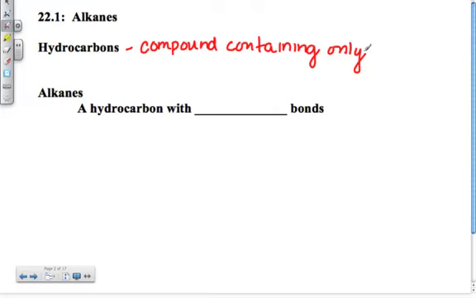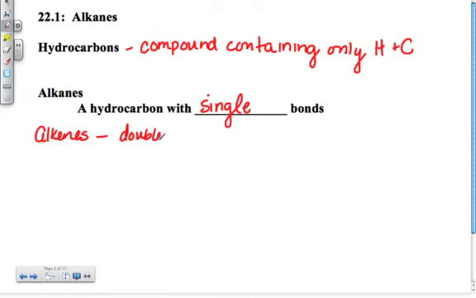Alkanes is one of them, and they have only single bonds. And then you also have alkenes, and they have a double bond. And you have alkynes, which have a triple bond.